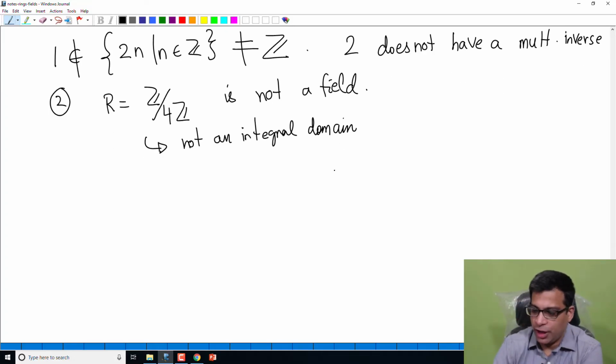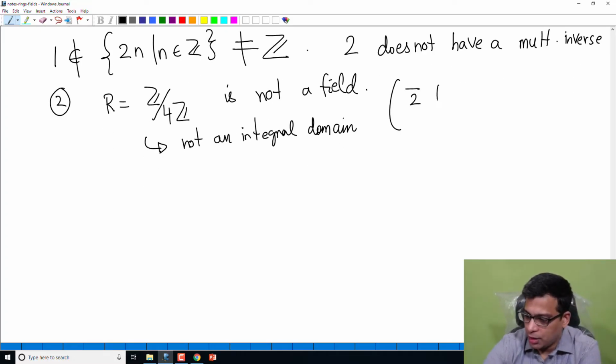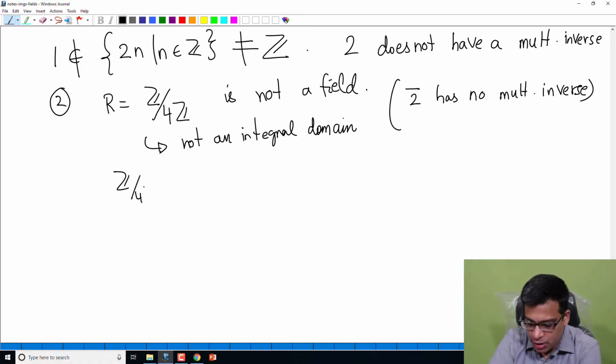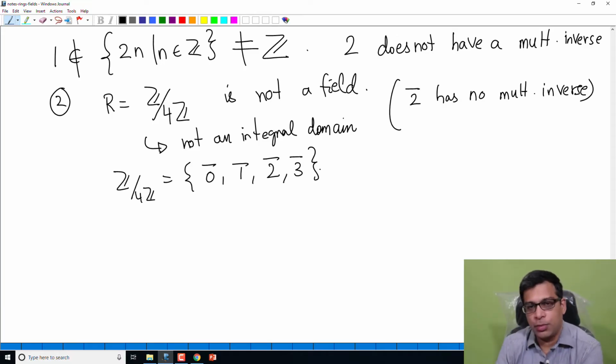Remember, 2 bar has no multiplicative inverse in this ring. Z mod 4Z, remember, is the set of residues modulo 4. So the elements can be written as 0 bar, 1 bar, 2 bar, 3 bar.